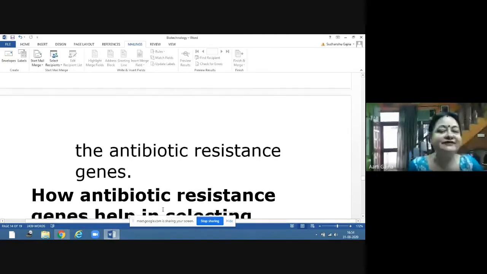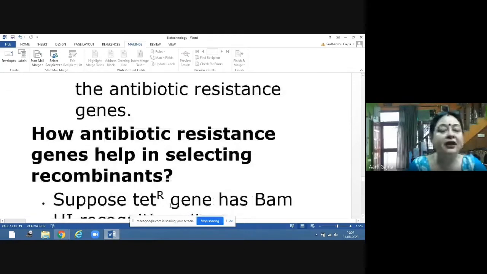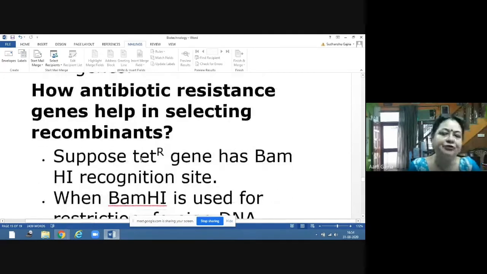Now we will see how these antibiotic resistant genes help in selection of the recombinants. Now suppose we have taken the selectable marker tetracycline resistant gene. Here in the tetracycline resistant gene, there is a BamHI recognition site.